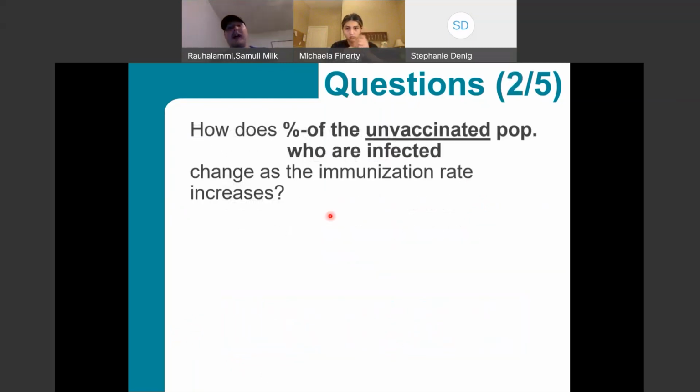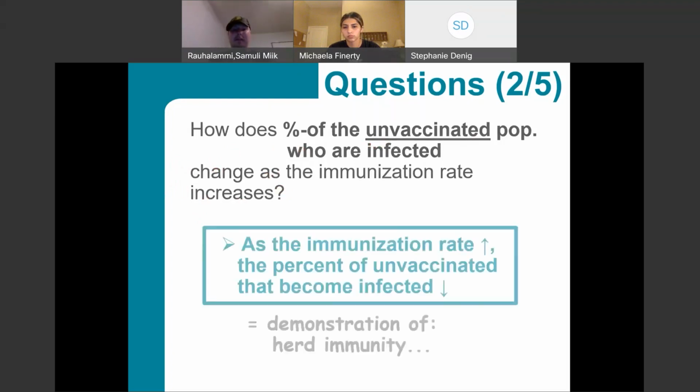The second question asks how does the percentage of unvaccinated population who end up being infected change as the immunization rate increases? So as more and more people get immunized, how about those who never got immunized and who get sick? What happens to them? Well, as the immunization rate goes up, the percent of unvaccinated that become infected goes down.